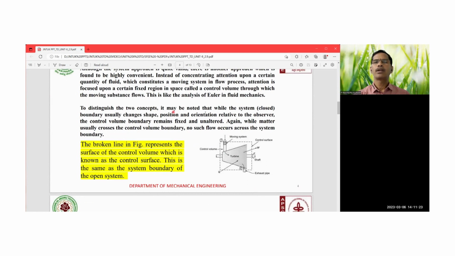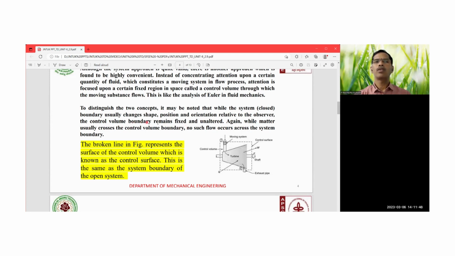Next is to distinguish between the two concepts, that is, whether it is a closed system or an open system. In the case of a closed system, the boundary usually changes its shape, position, and orientation relative to the observer.